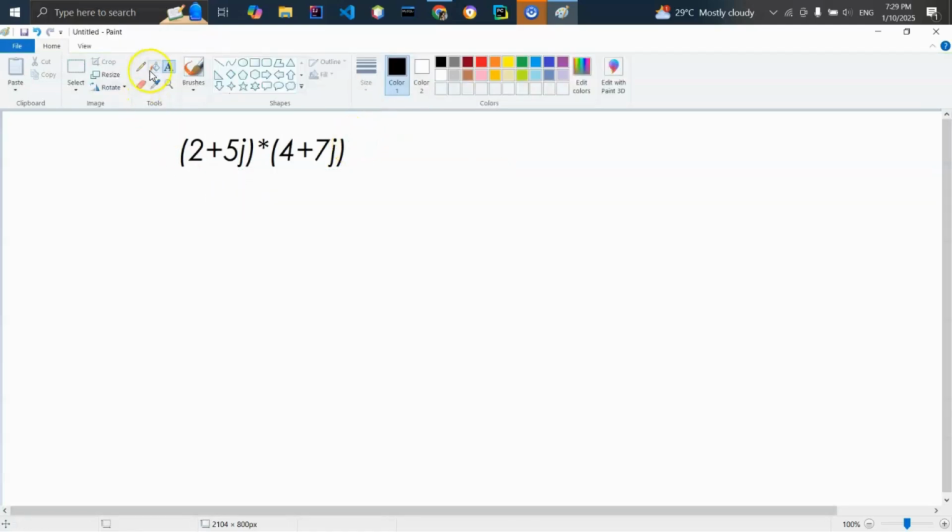Now you should multiply first part, 2 and 4, 8. After that you can multiply outers, this 14j.